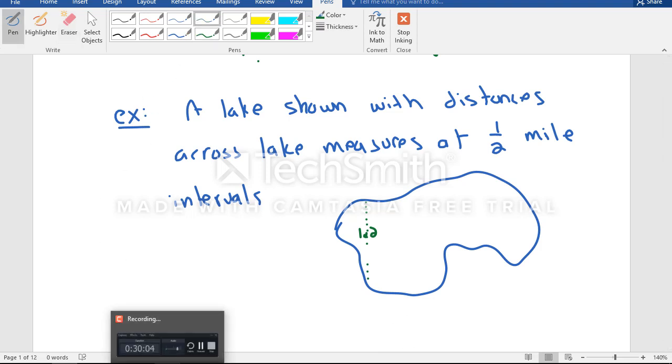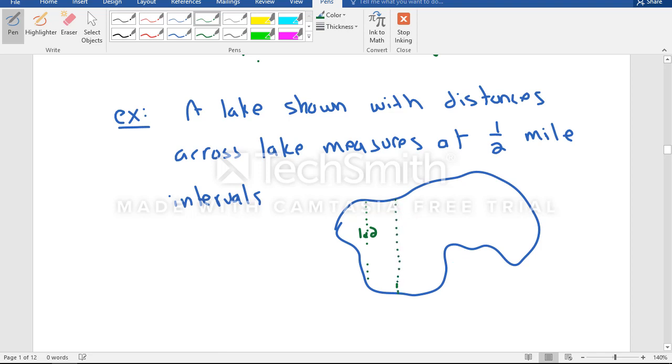Okay, and then at this measurement, the lake is 1.4 miles. And then at this length, the lake is 1.6 miles wide.